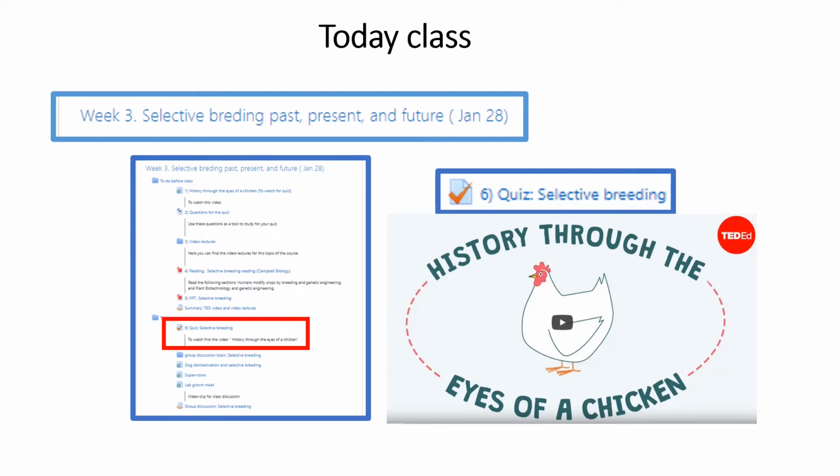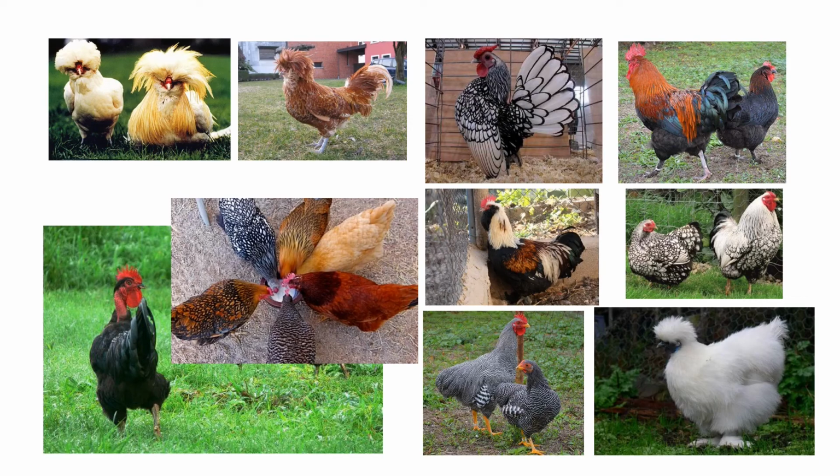So I'm sure you know that the first quiz you had to answer was from the video about history through the eyes of a chicken, how selective breeding has affected the anatomy of chickens. To start, maybe you remember that in the video they show a huge diversity of shapes and colors of feathers, of diversity in general, of different chickens.